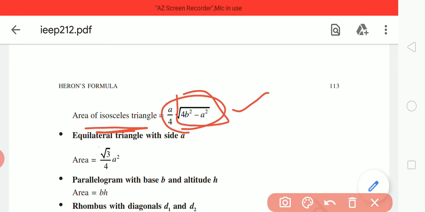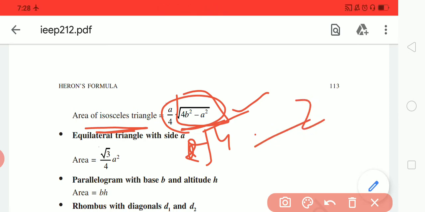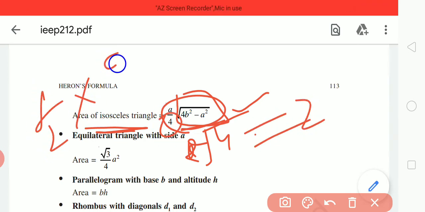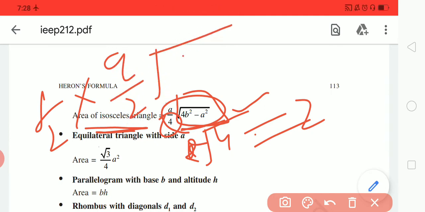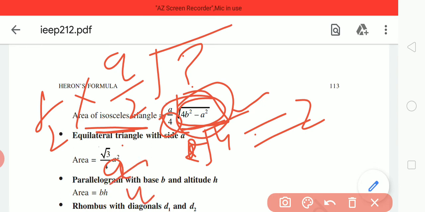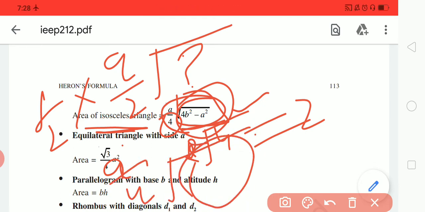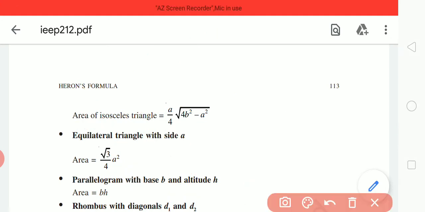And somehow you will get 4 as the LCM, and 2 will come outside the square root, because the square root of 4 is 2. So you will get A by 4 into the square root, which is the length of the perpendicular. So this is the direct formula for the isosceles triangle, but Heron formula also you can use.